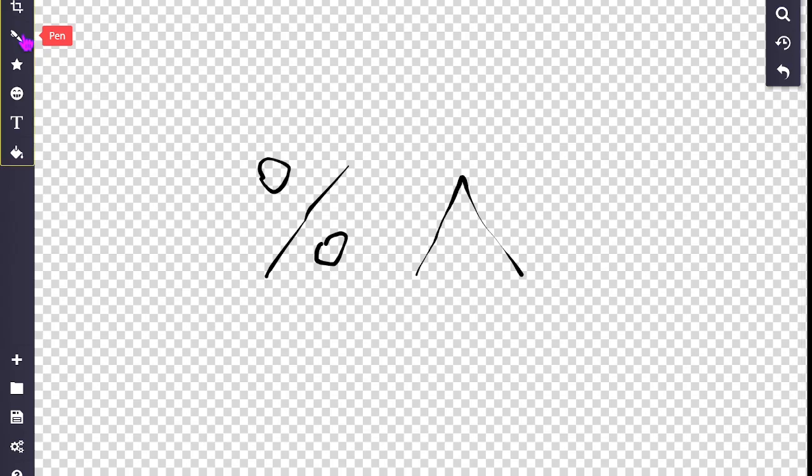I'm gonna need to draw a new circle for that. That's at least a bit better. All right, for some reason I really want the uppercase percentage symbol to look like this.